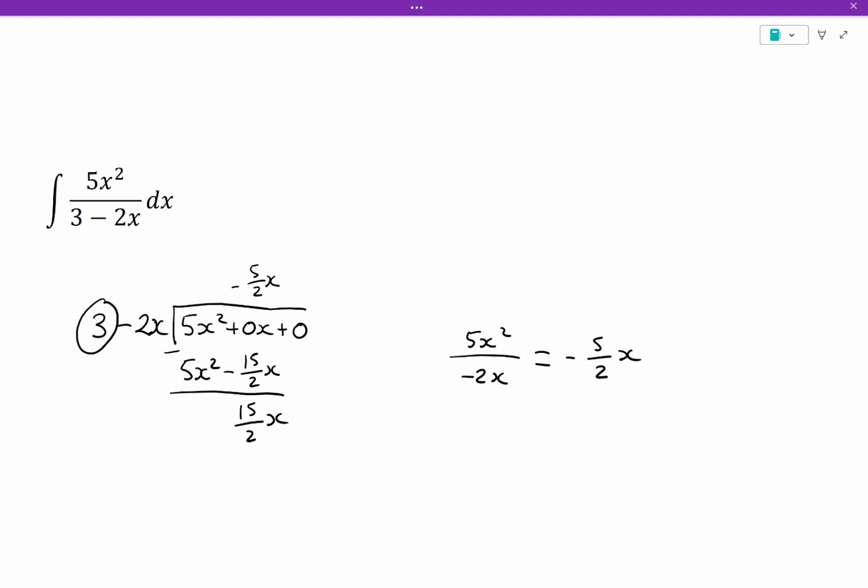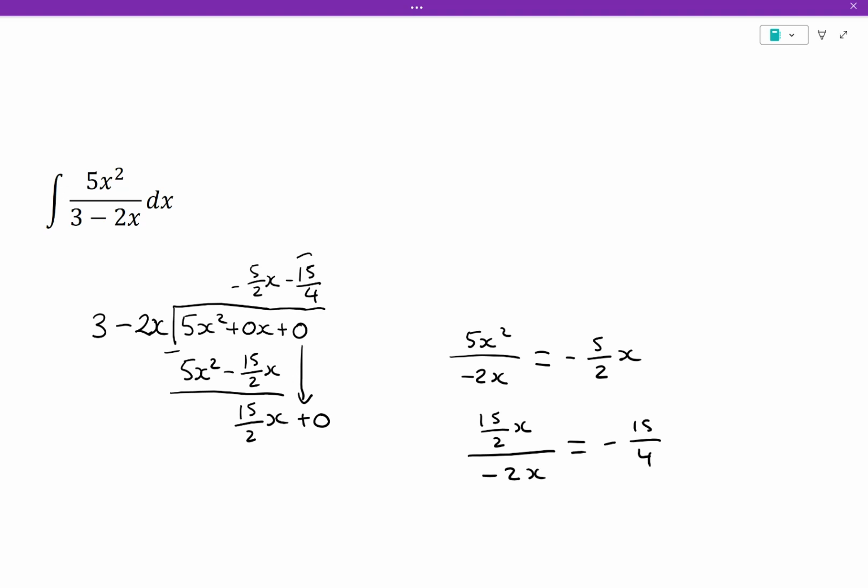Okay, and then what we have to do next is do the 15 over 2x divided by the -2x. So I'll write that calculation over here. 15 over 2x divided by -2x. The x's cancel, so we're left with -15 over 4, which I'm going to write over here. Now what we're going to do next is carry down our plus 0.